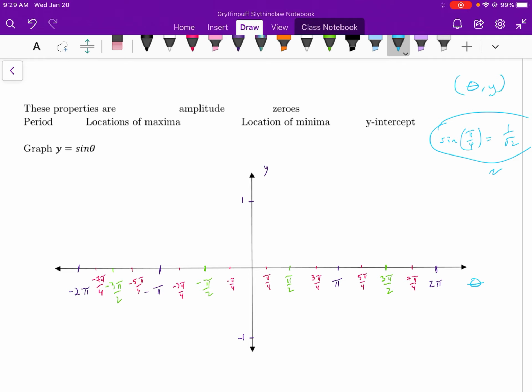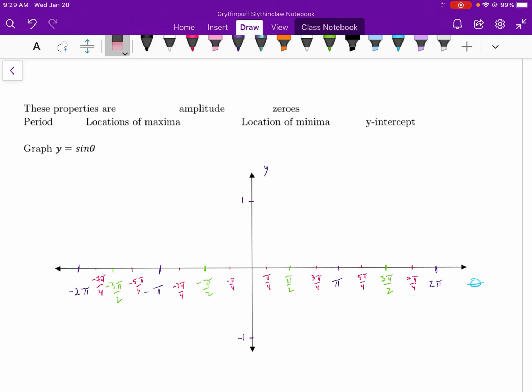If I know this, I'm going to graph the point theta, comma, y. Specifically for sine theta, I'm going to graph a coordinate point as theta, comma, sine theta. Let us begin.